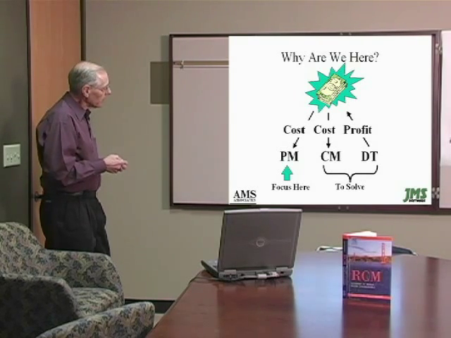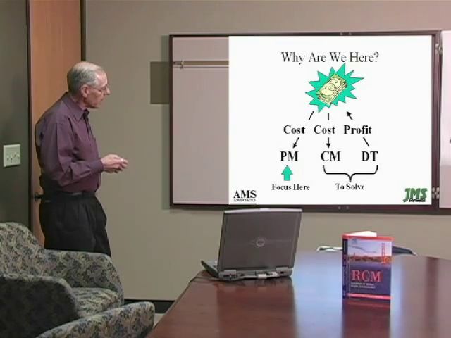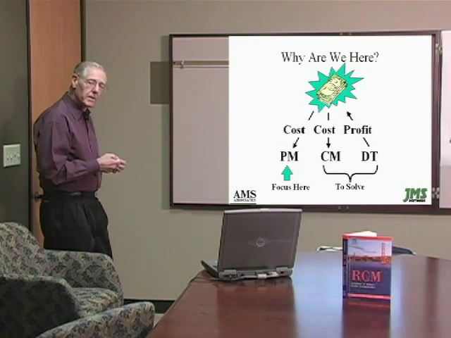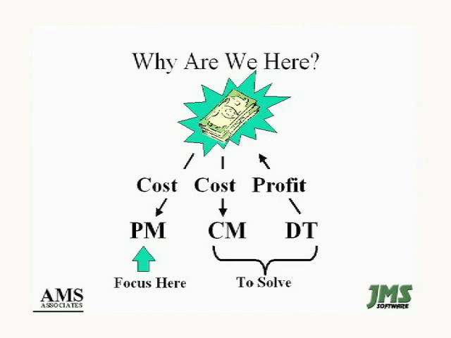And if we take a look across here at what this dollar picture looks like, let me give you the experience that we've encountered for the last 20 years here. For every dollar that you can effectively use on your preventive maintenance program, you will eliminate approximately $10 in corrective maintenance money that would otherwise be spent. But most importantly, over here, you will reduce the downtime by a factor of anywhere from 100 to 10,000.